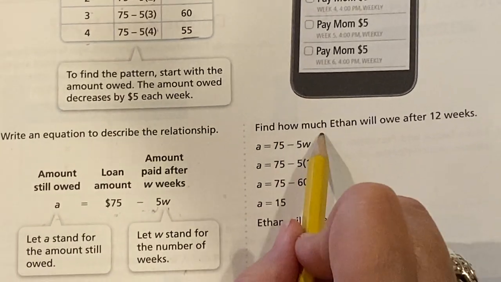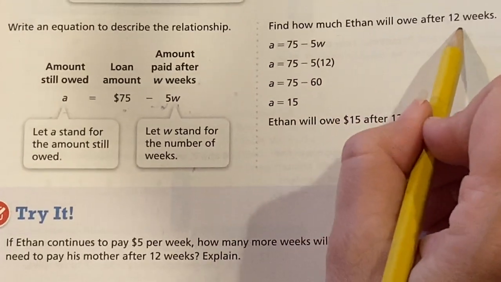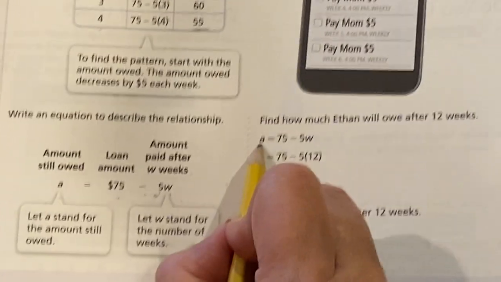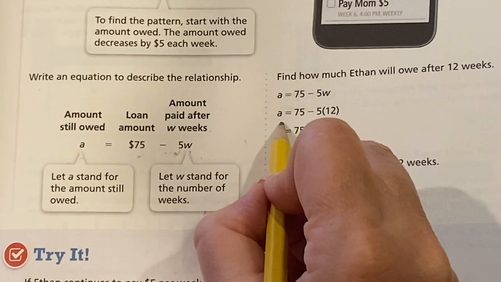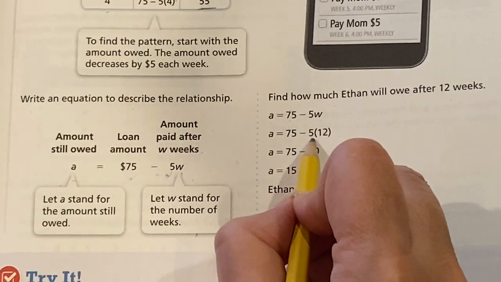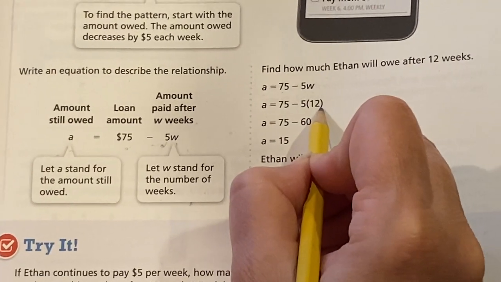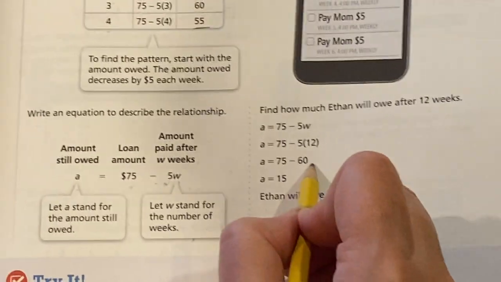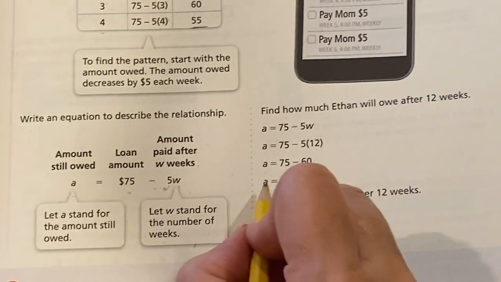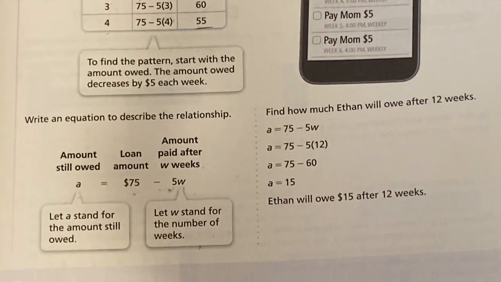Now, find how much Ethan will owe after 12 weeks. Well, A equals 75 minus 5W. A equals 75 minus 5 times 12, or A equals 75 minus 60, which means that A equals 15.